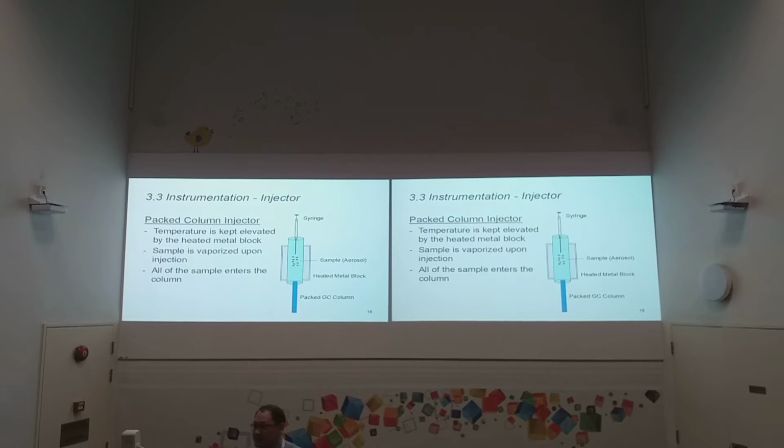So they design it this way. Why do we need a heater in the injector? Because when you put something inside, straight away, we would like to heat this compartment, the small compartment, all the way to a very, very high temperature. So then what will happen? Whenever we put it in, it will be vaporized straight away. Right.